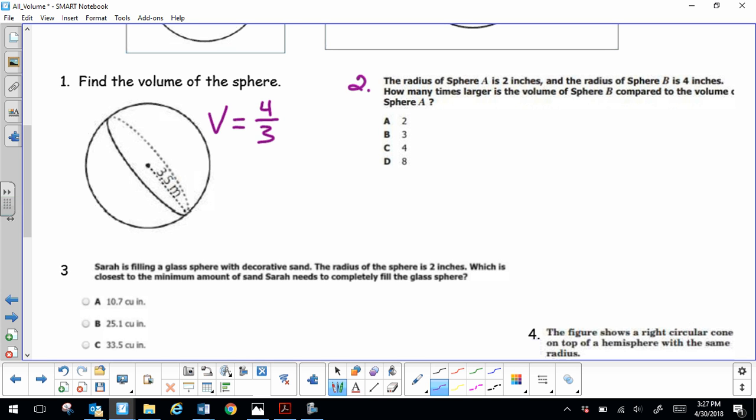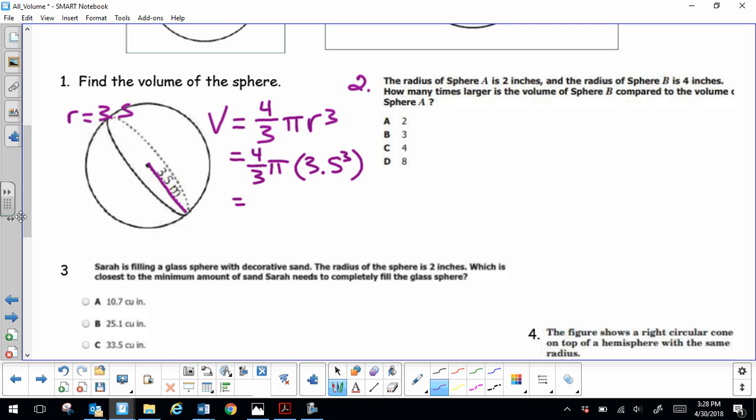So 4/3 pi r cubed. And students kind of forget where that is because we don't use it that often. In this example, we've got a radius, so an r equal to 3.5. So this one's not that big a deal. 4/3 pi, and we do 3.5 cubed.